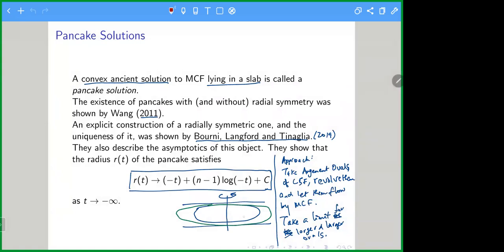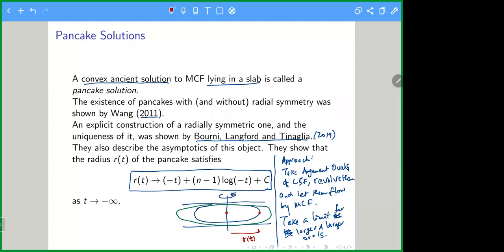Let me call the distance from here to this axis r of t, and what this explicit construction lets you do is estimate this radius as a function of time, at least as t goes to minus infinity.